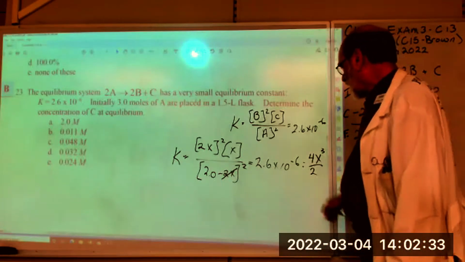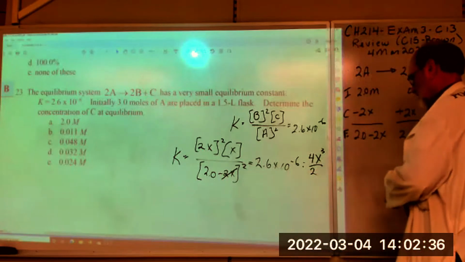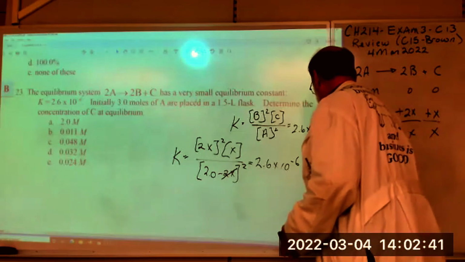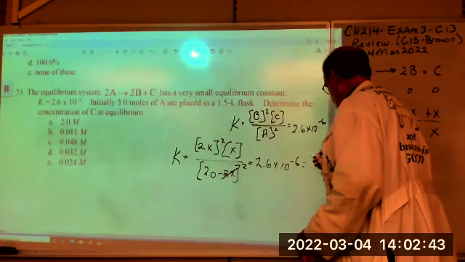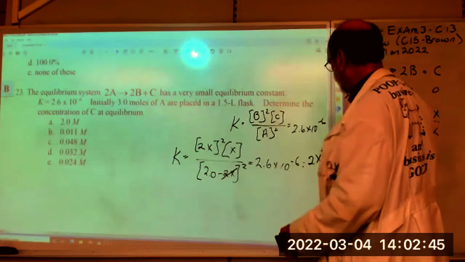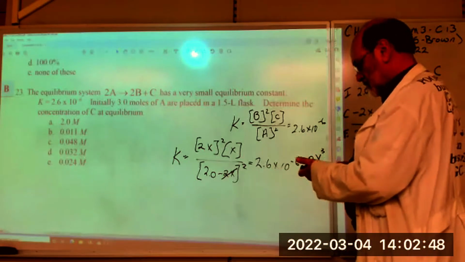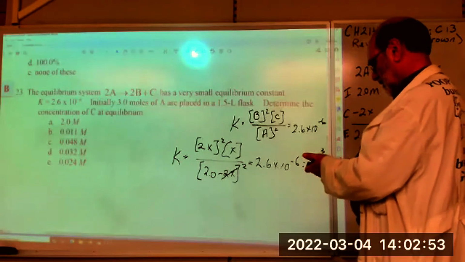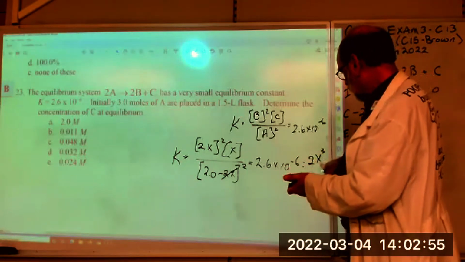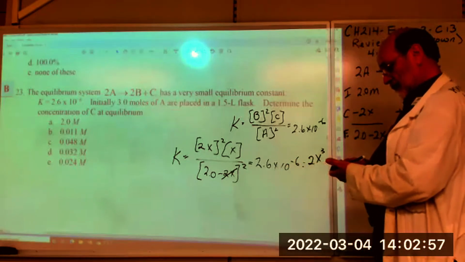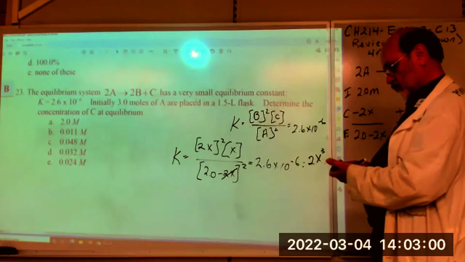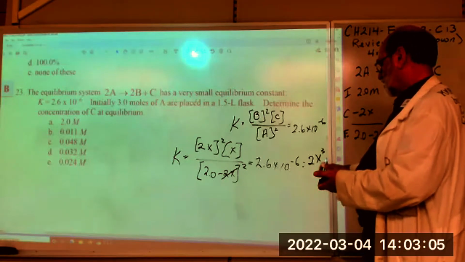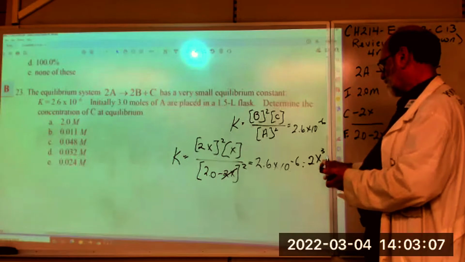Okay? So if we divide this value, let's see. I'm going to reduce it further. 2x cubed. So divide this one by 2. 2.6 exponent there. Divide by 2. And then take the cube root of it. It would be x to the 1/3 power.